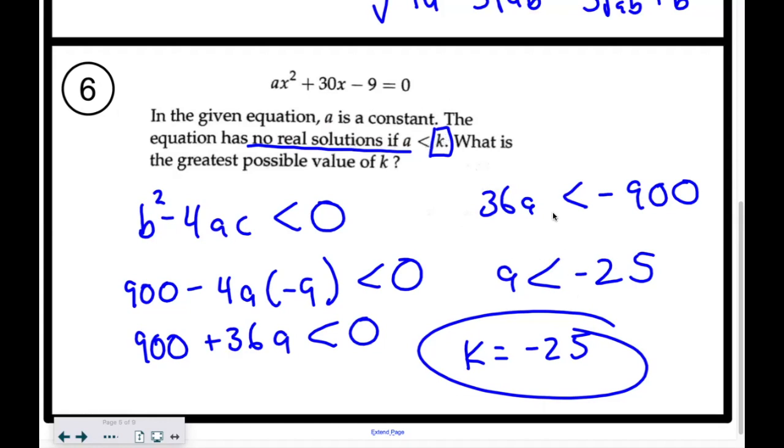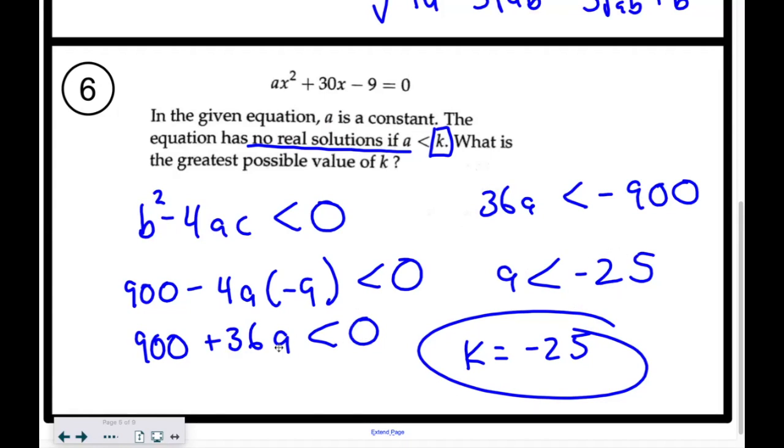If I do A is less than -24, then all the numbers between -24 and -25 would not make this have no real solution. So the greatest possible value that makes this a true statement is -25.